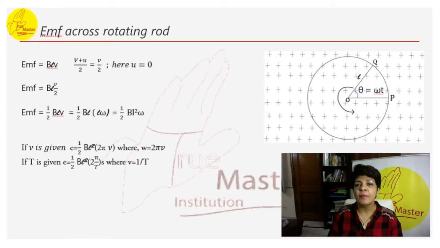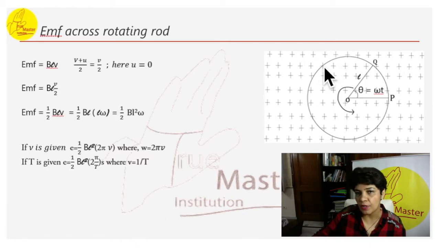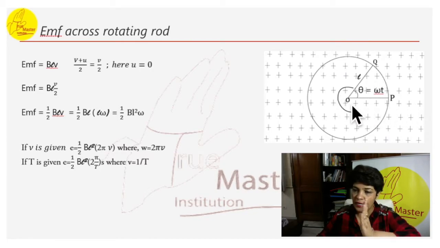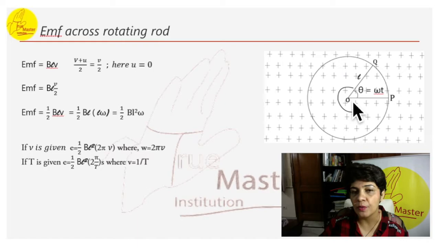So, EMF across a rotating rod. Here we have a rod. Now, we have tied one end of the rod at O and we are making it move like this. It's tied here at one end. So, we know BLV, where V is equal to (V plus U) by 2. Here the initial speed U is 0 because it's tied here, right?